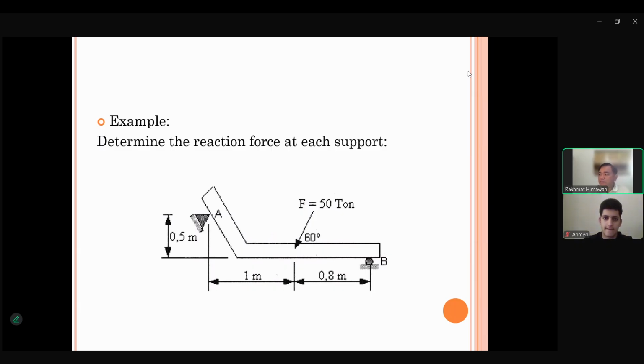So first step, if we want to know what's the reaction force at A and B, we always need to start with the free body diagram first. We need to take out the picture of this support point, and change it into reaction force.